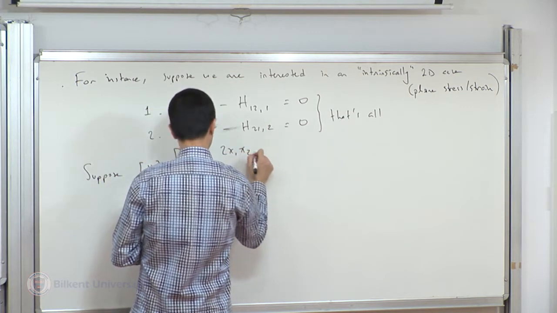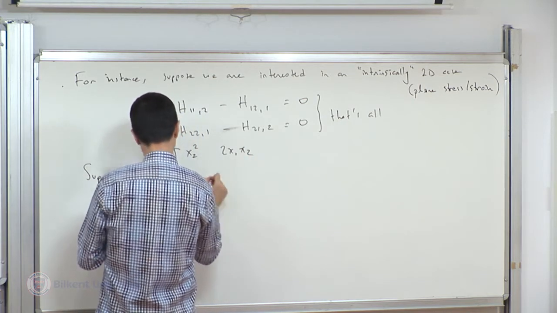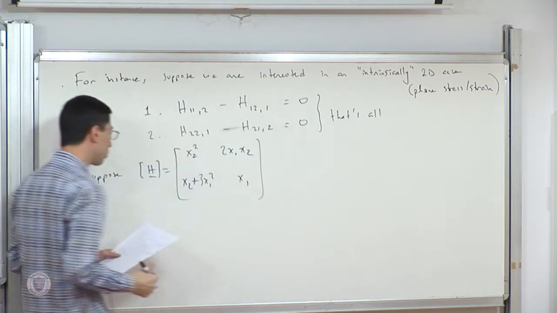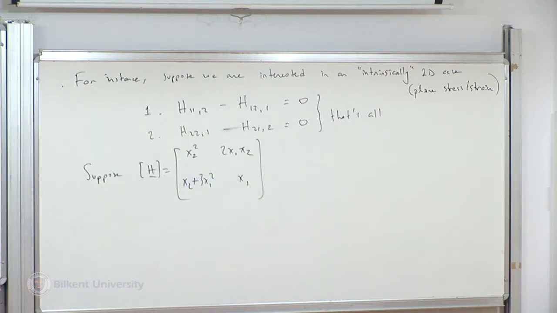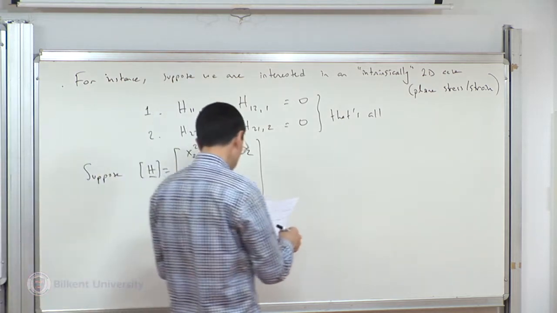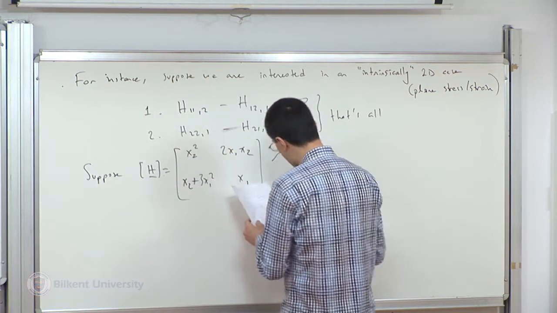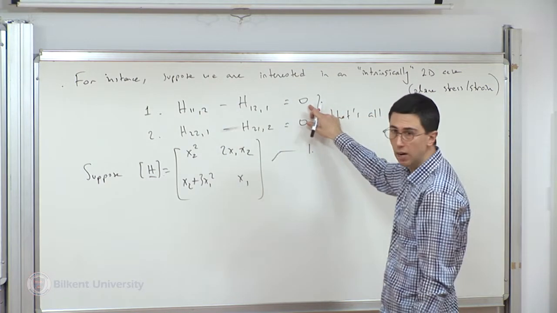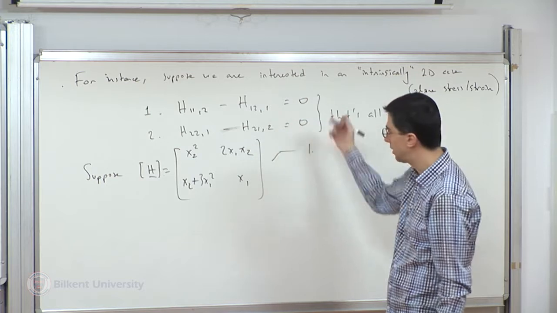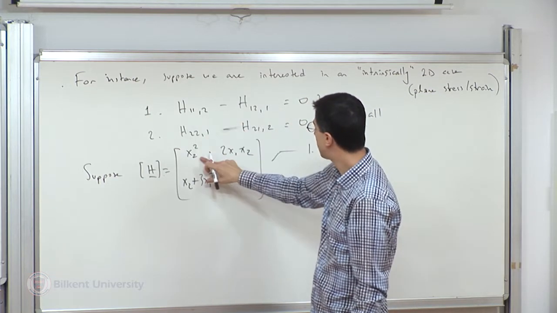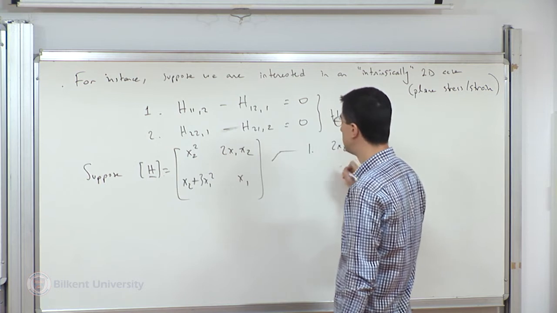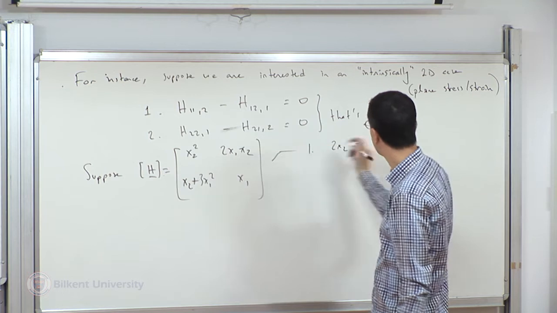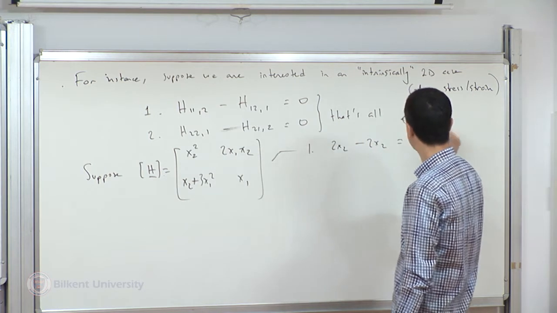So just one example here. Let's say that's H, and you have the two requirements. The first one says that this must be satisfied. So you simply take derivatives and check. The first one with respect to 2, 2x2, and then minus 1, 2 with respect to 1, 2x2, and that's equal to 0.